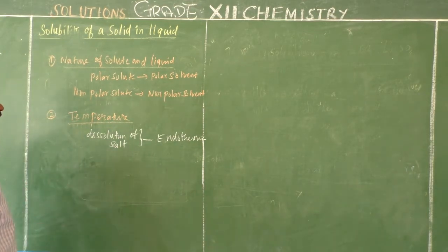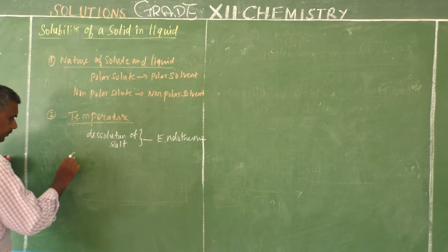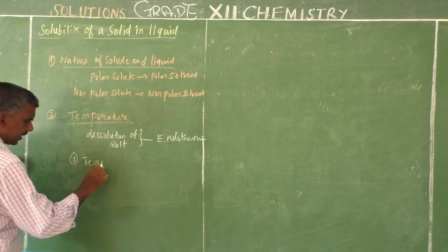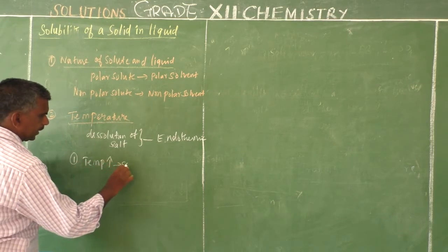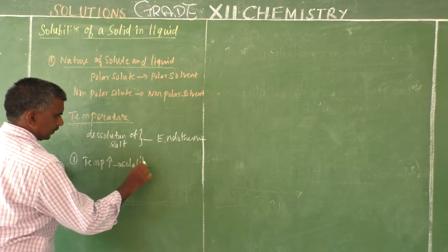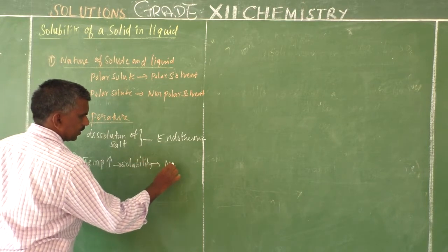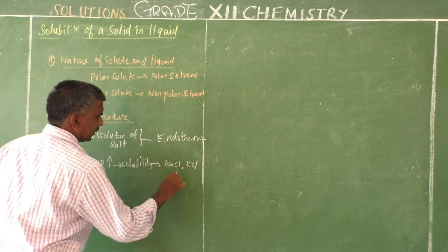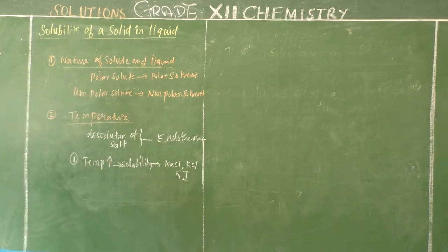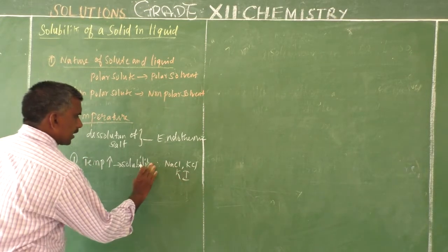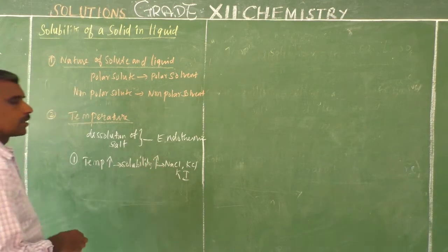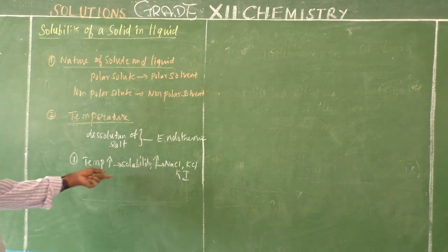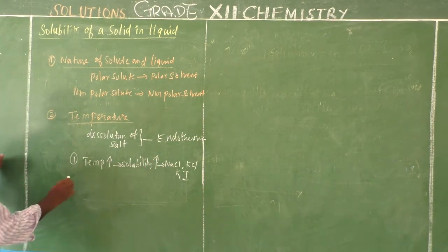So temperature increasing, solubility increasing. Examples: NaCl, KCl, potassium iodide. These salts, when temperature increases, solubility increases.